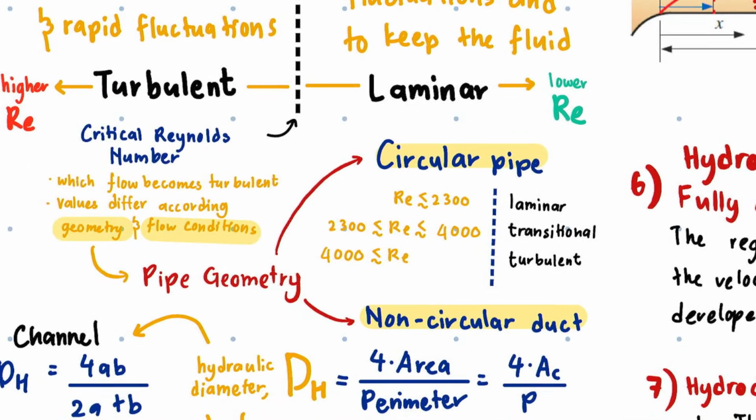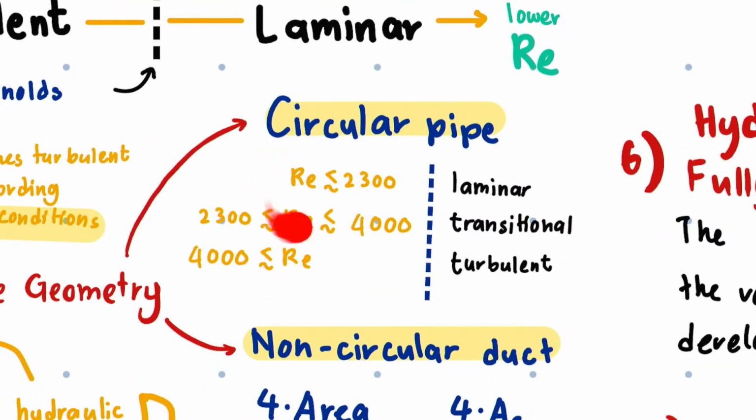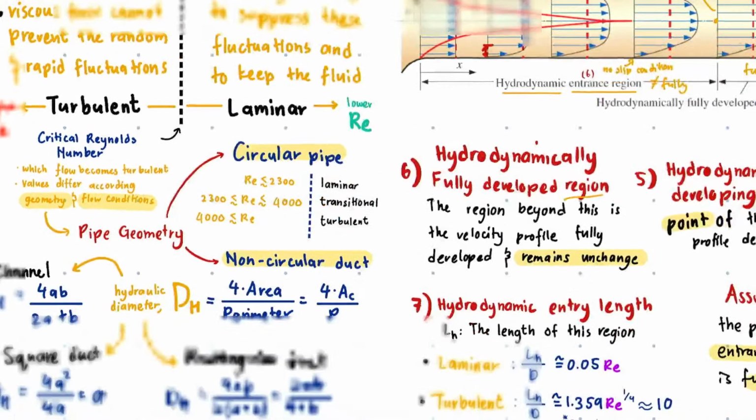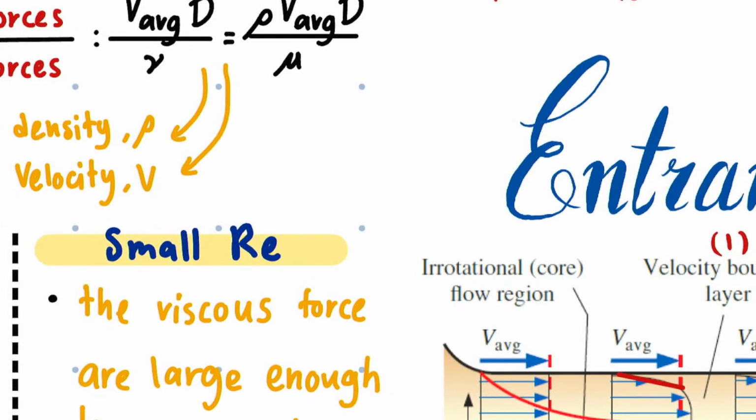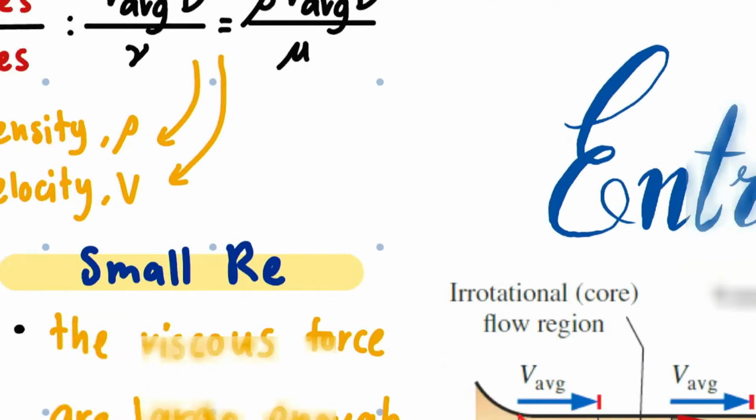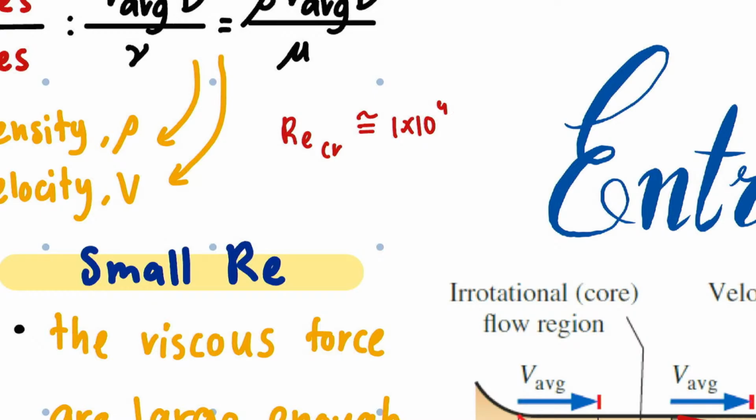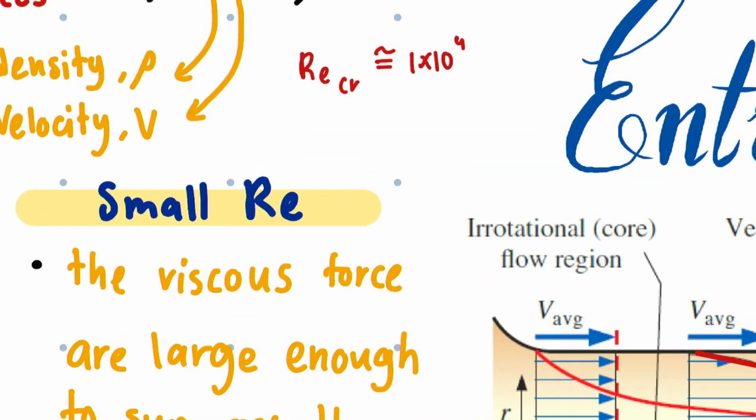Actually, the critical Reynolds number differs for different fluids and different conditions. Usually, if it's not this one here, it will be stated by the book, which is usually for some aerodynamic condition, the Re critical is equal to 1 times 10 to the 4 for aerodynamic.